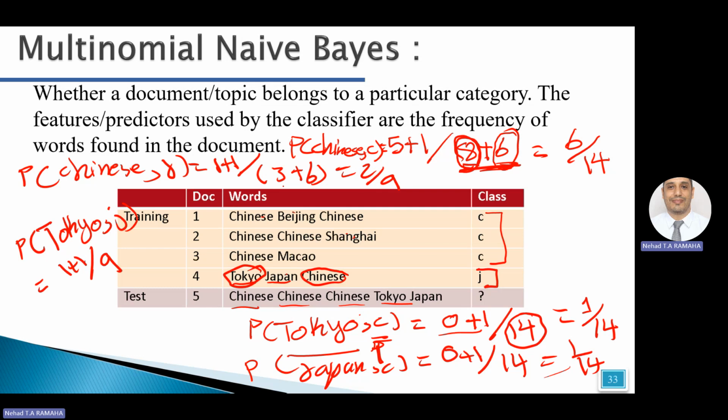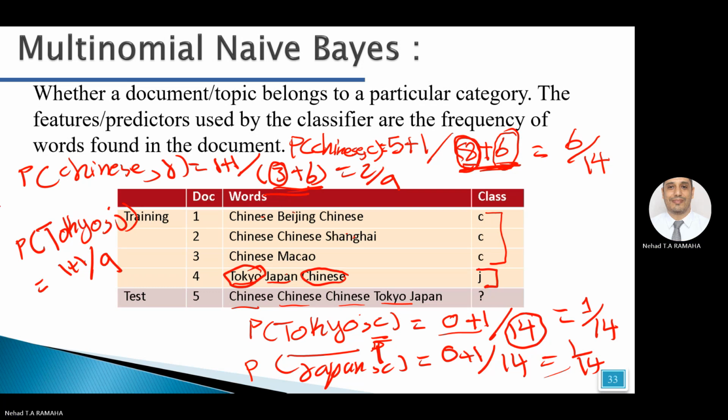You don't need to calculate this one for everyone, because it's the number of words in the category plus different words, the non-repeated words in the whole data set. Same issue, so it will be the same.